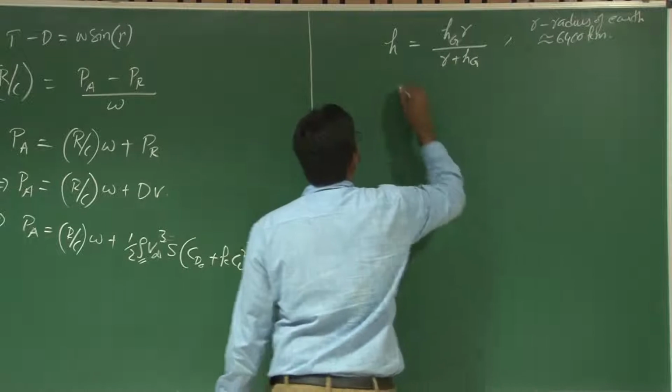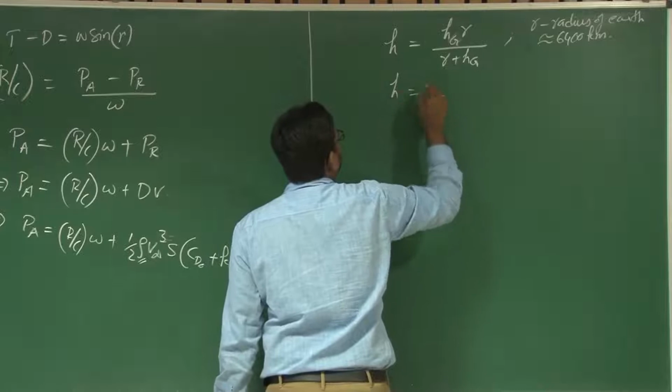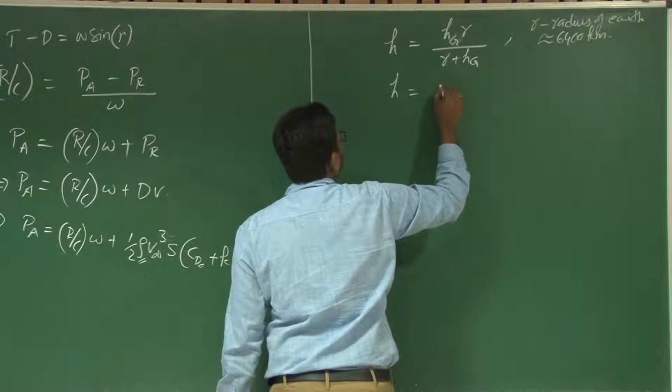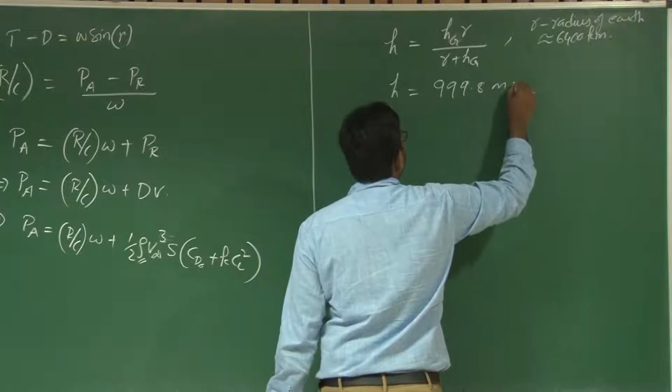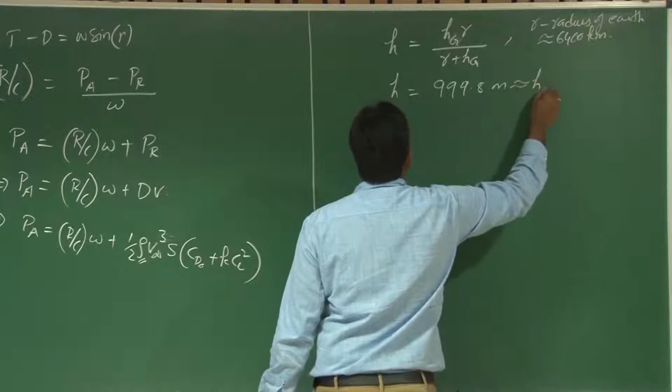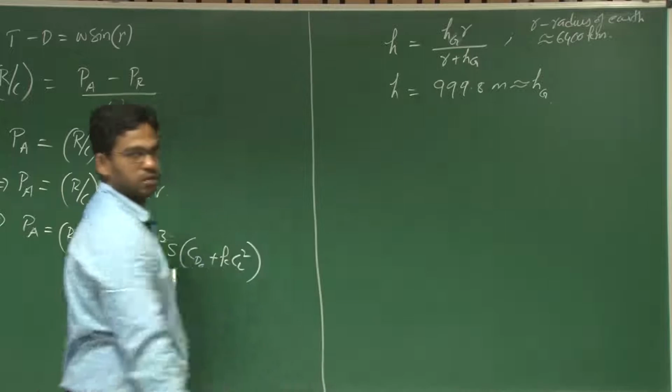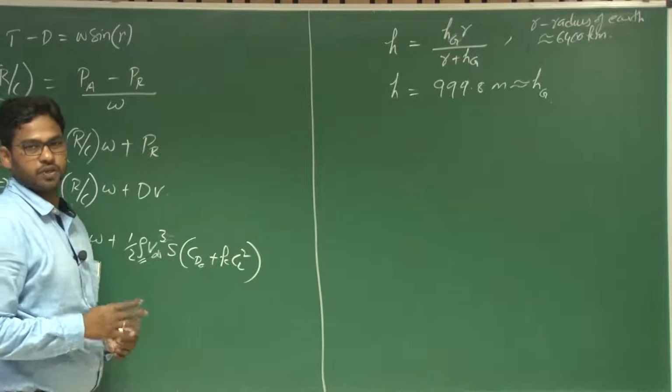So, for 1 kilometer altitude, it will be approximately 999.8 meters, which is almost equivalent to H. So, it's not going to make much of a difference.